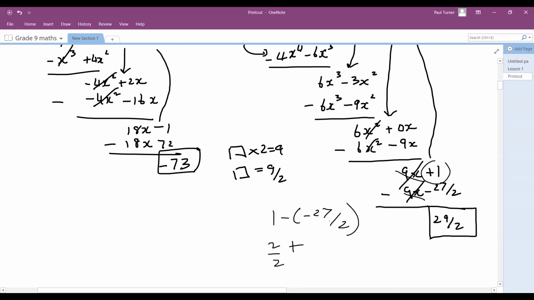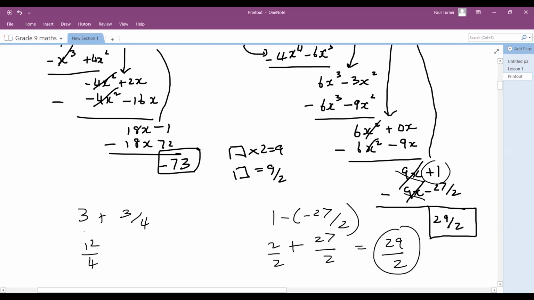So if you don't have a calculator, it's a good idea just to change these numbers to have the same denominator like that. And then they're really easy to add, because when you add fractions, remember you need a common denominator. So for example, if you had 3 plus 3 on 4, it's 3 3/4 if you want, but we can also make that 3 as 12 on 4, right?